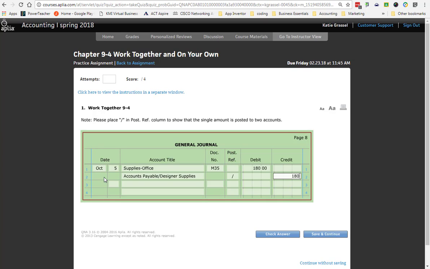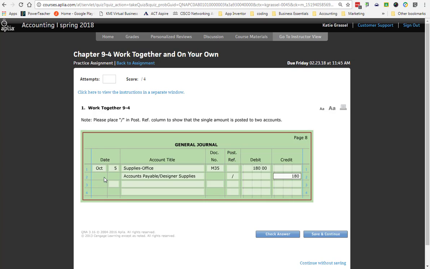What I am going to do is I have a separate account that I keep track of all of my items that I am returning. And the reason that I do that is because I need to know if I have returned $75,000 worth of merchandise, that is a lot of wasted resources for my business. Somebody had to create the bill, somebody had to receive it, then somebody had to return it.